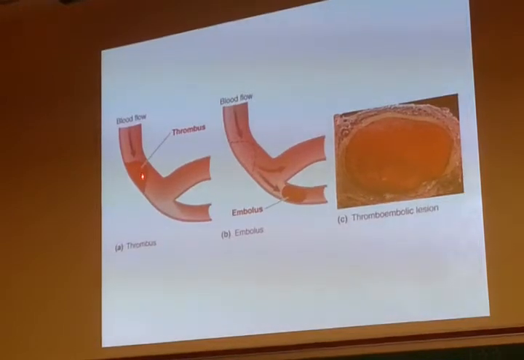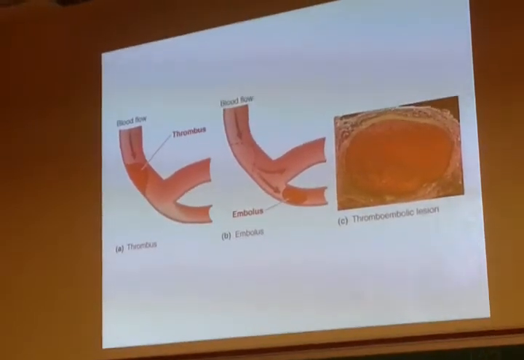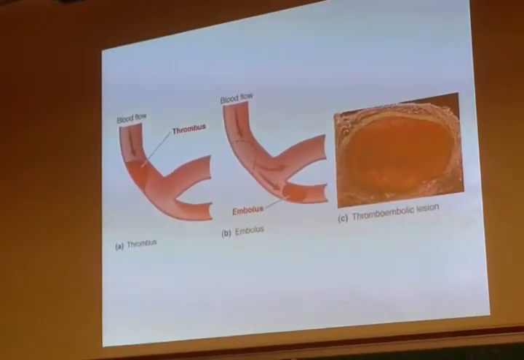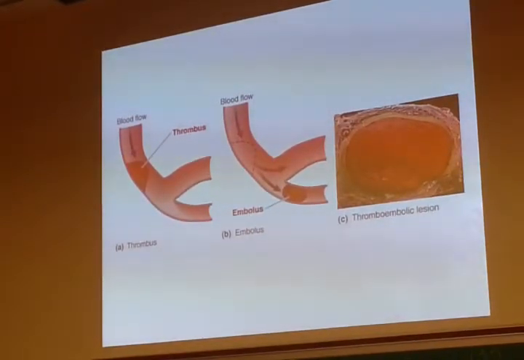It's made out of the plaque, so it could be a combination of blood cells, fibrin. Most likely it's going to be things that have stuck to the outside of the plaque formation.